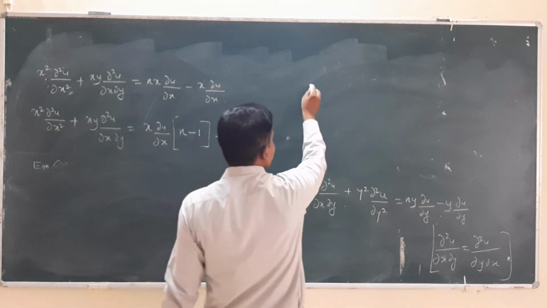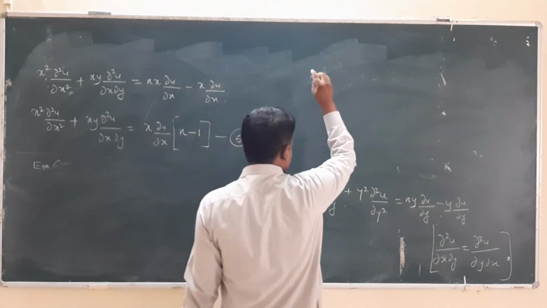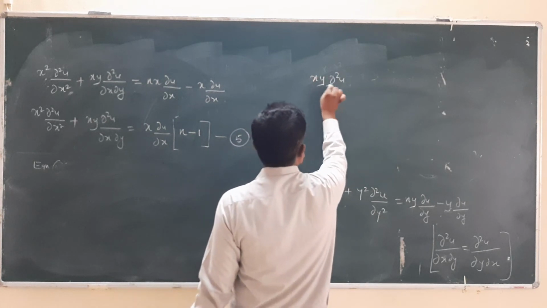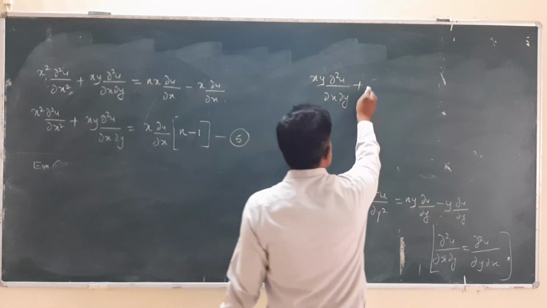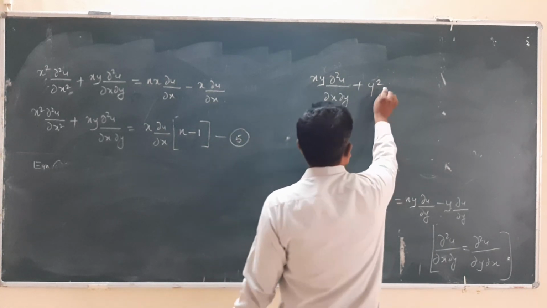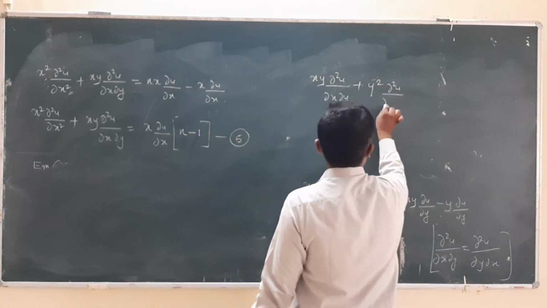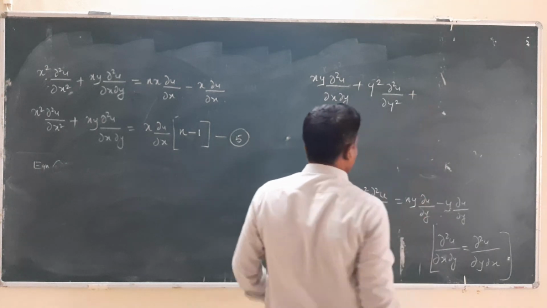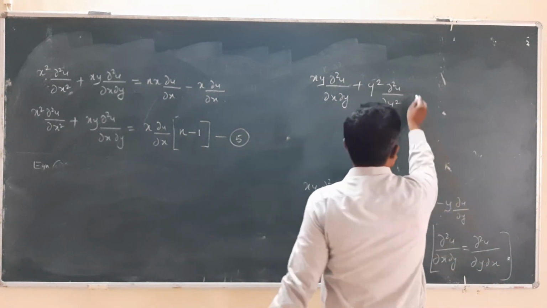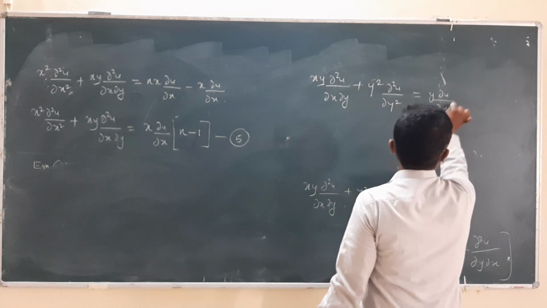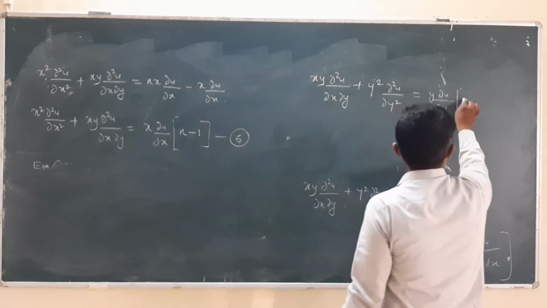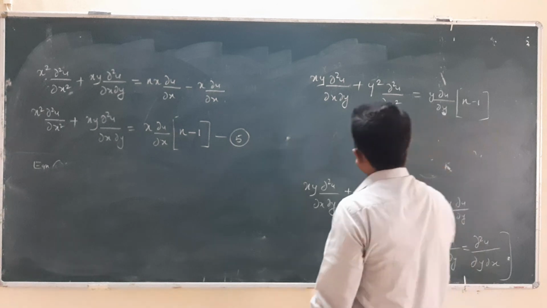So that is x into y dou square u upon dou x into dou y plus y square dou square u upon dou y square is equal to, here y into dou u upon dou y is common, so remaining is here n minus 1.